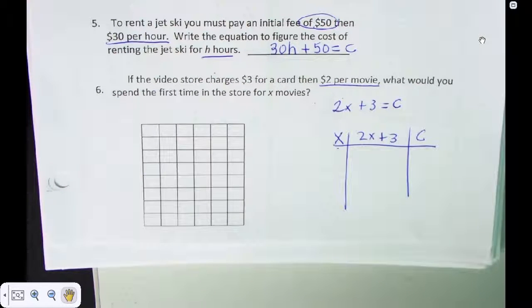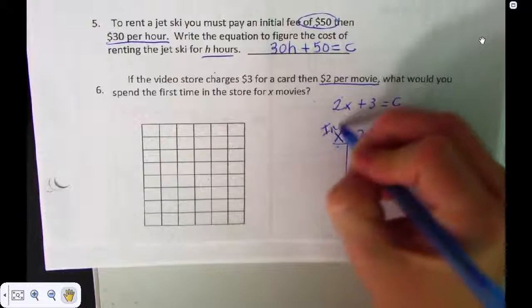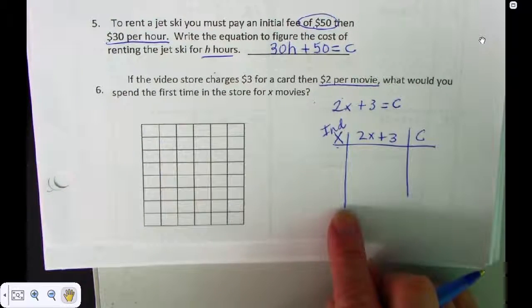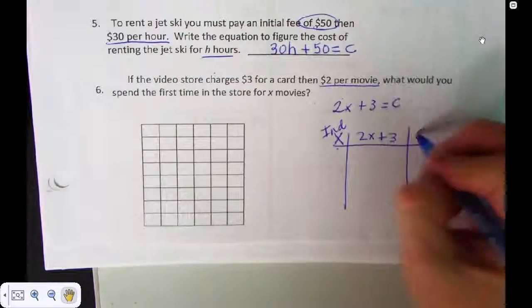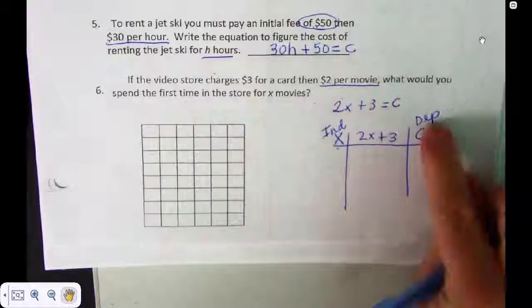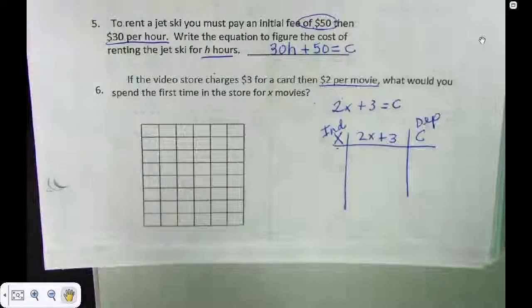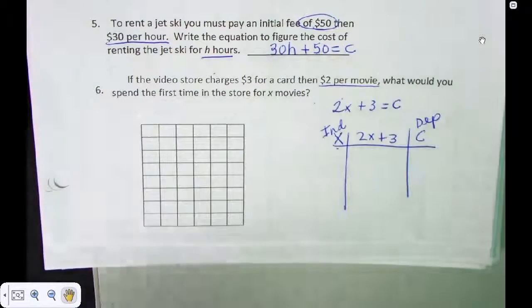Daniel, you owe me $6. She doesn't just say that. It depends on how many movies you rent, right? So X is the independent. The customer gets to choose the movies. And the charge depends on how many movies you get. Now, we're learning this again later, but I'm throwing this in here. Put this in practice, and we're going to finish this tomorrow.